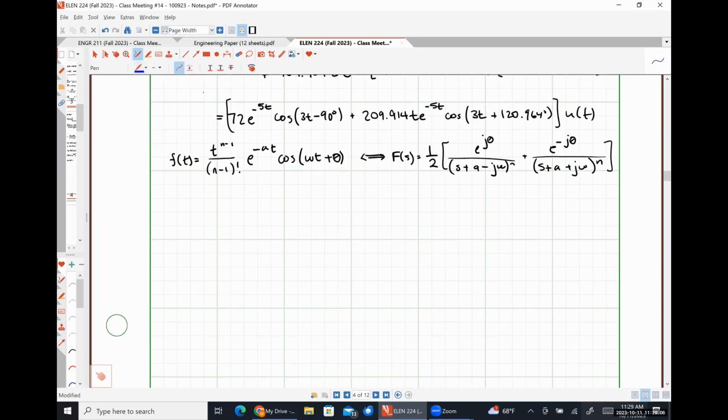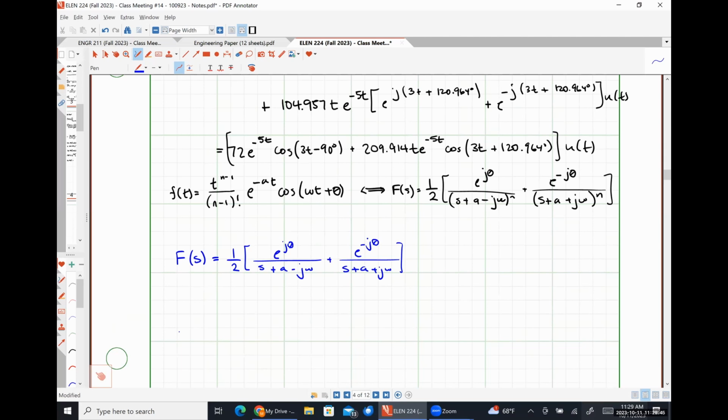So we have a function whose S domain representation is some complex number divided by S plus A minus J omega plus E to the negative J theta over S plus A plus J omega. Our thing is in that form, except that we happen to have a factor of 36 floating around in there as well.